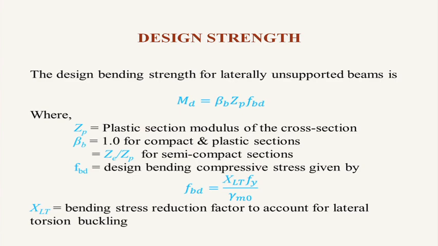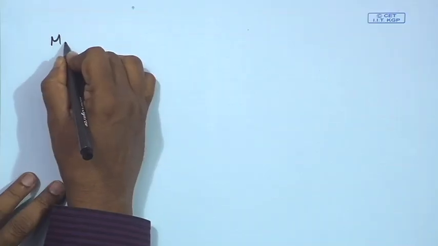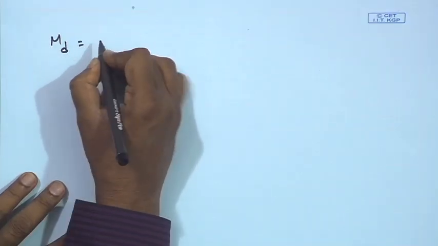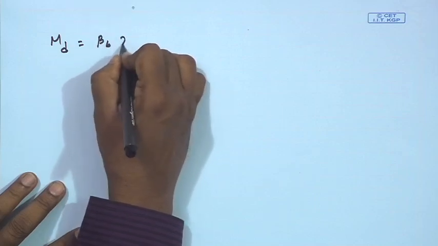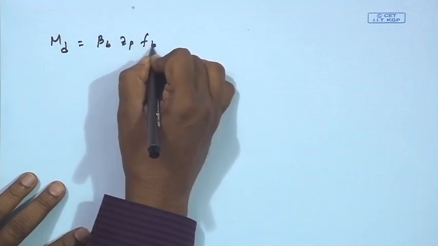So, if we see the design bending strength, we can write as MD is equal to beta B ZP into FBD.